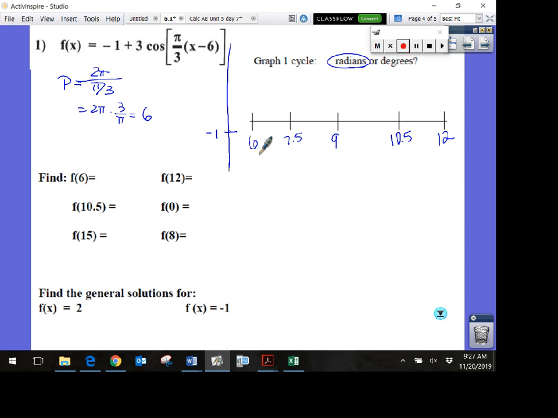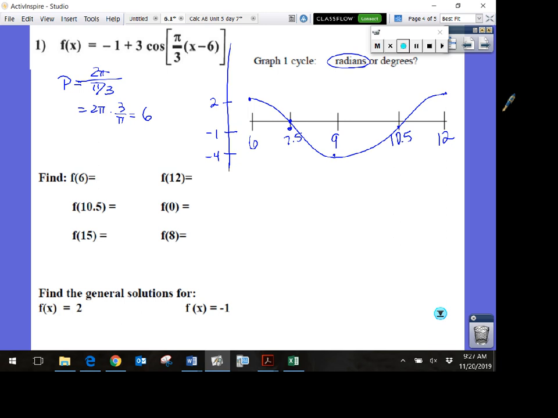The 3 means the amplitude is 3, so up to 2 and down to -4. The cosine is positive. Cosine, positive starts high, negative starts low at our first critical value. So right here at 2, we're going to go high, middle, low, middle, high. And there is the graph of one cycle.